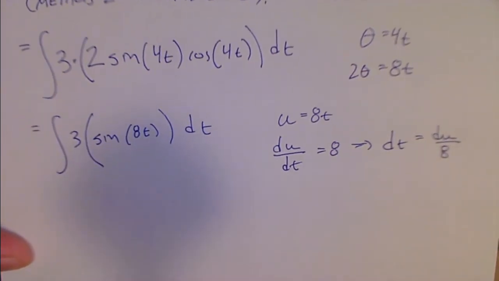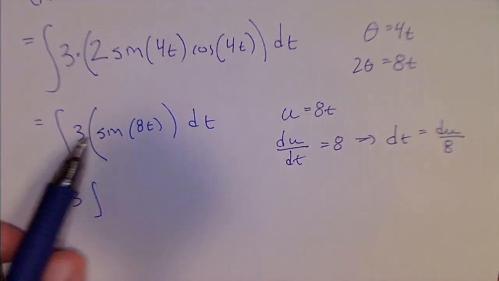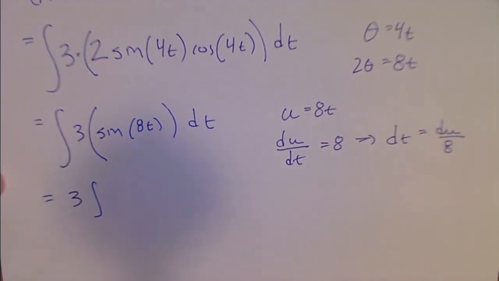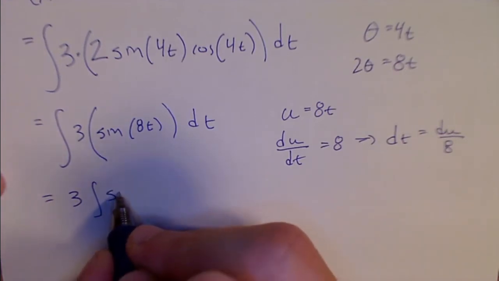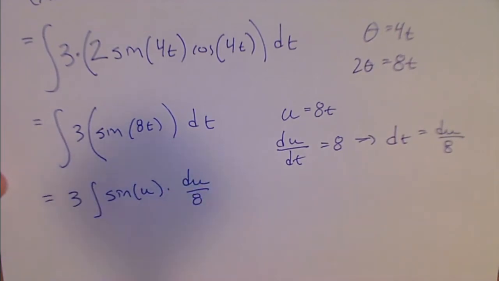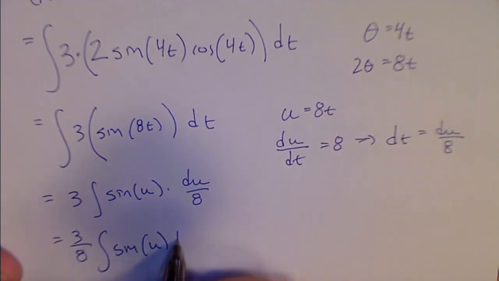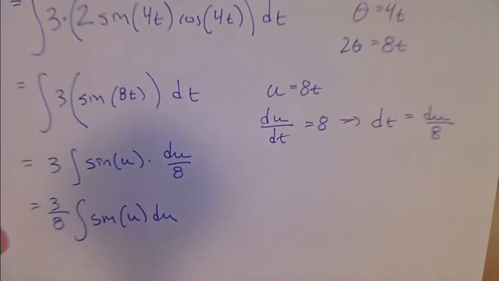Do my cross multiplication, and so I get 3. Remember, we can always pull constant multiples out of integration, times the integral of sine u times du over 8. Pull that 1 over 8 out, we get 3/8 times the integral of sine u with respect to u.